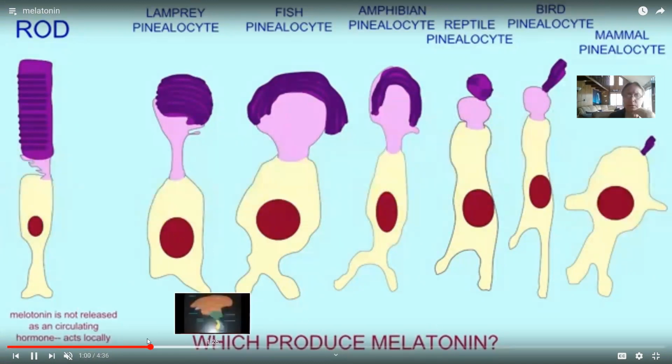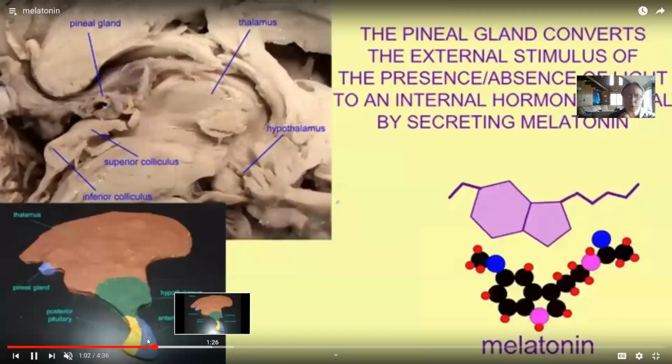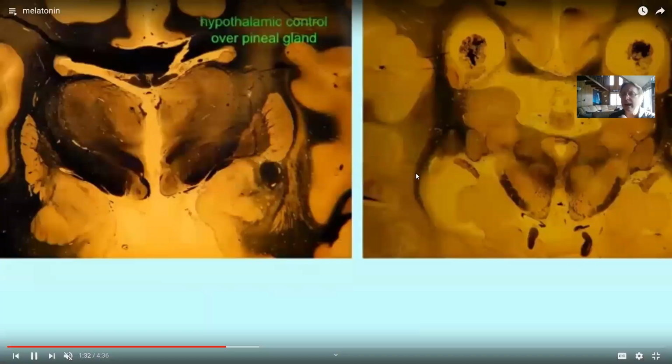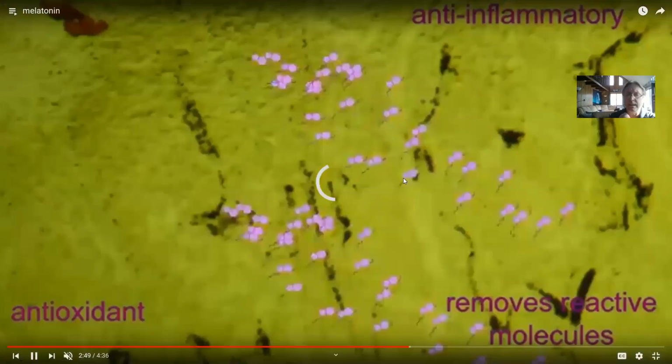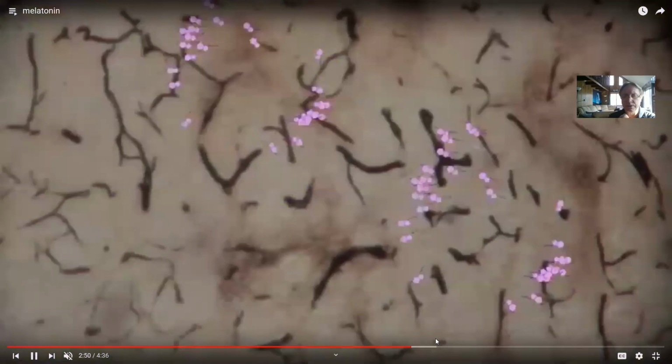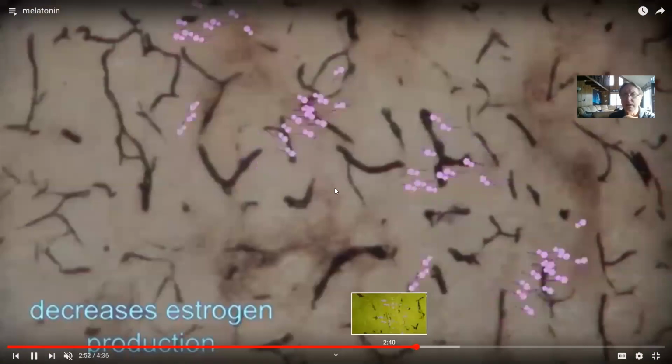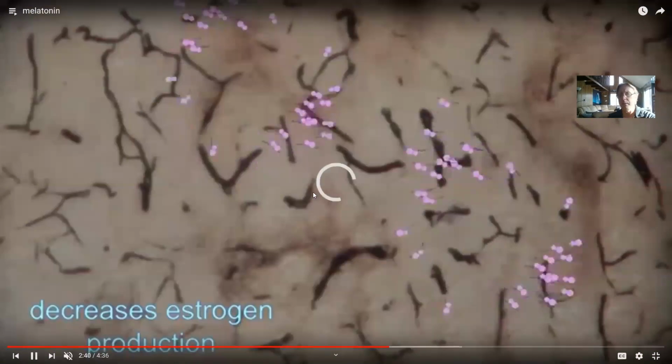Melatonin is sometimes called the hormone of darkness because we make it when it's dark. So here's the pineal gland, and at night it's making melatonin. It puts it into blood vessels, and here are these dark staining lines. You can see these are blood vessels in the pineal gland here.